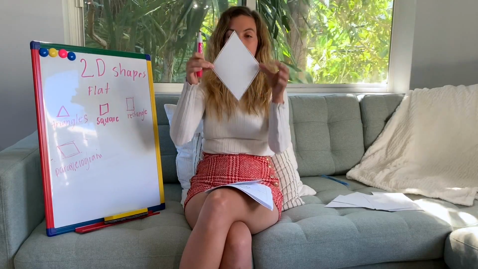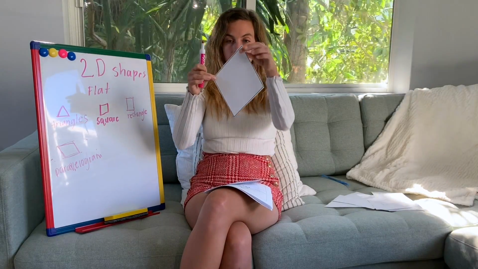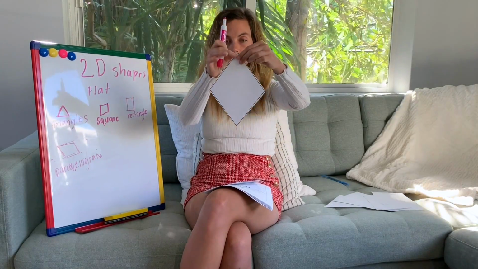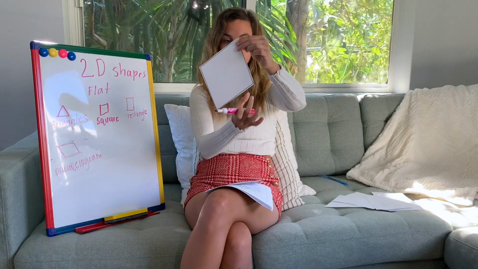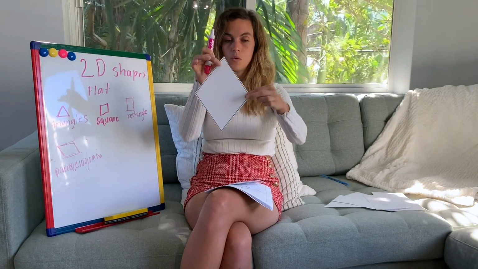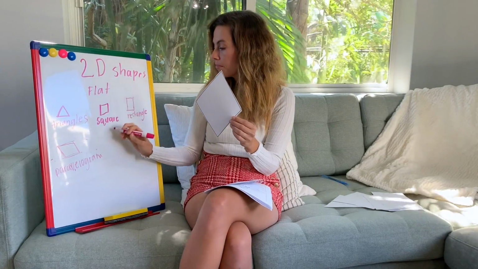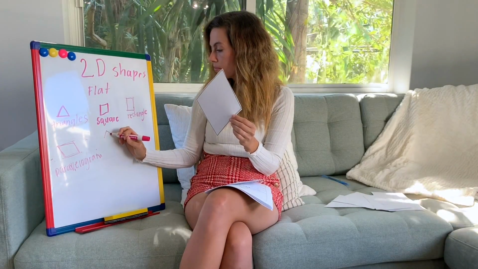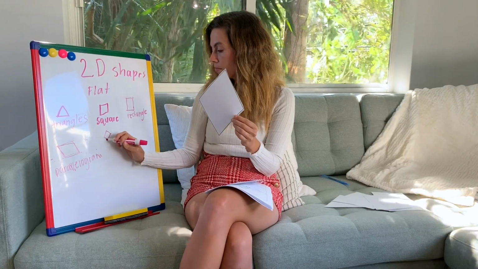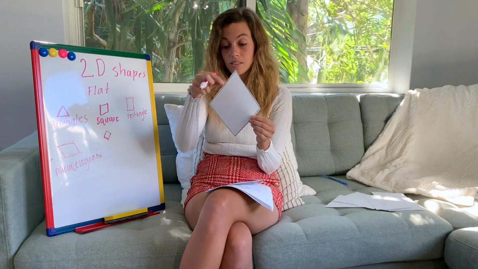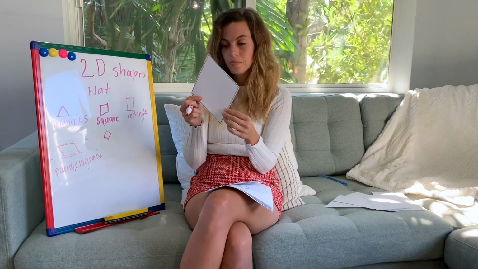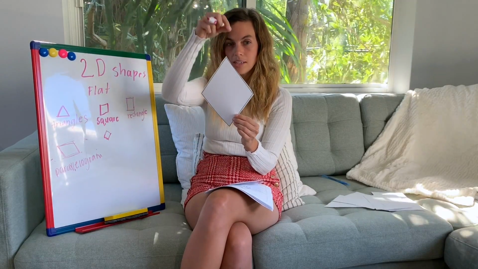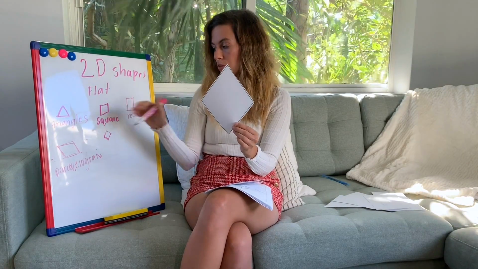Okay, our next shape is this shape. It has 1, 2, 3, 4 sides. And all of the sides are the same size. They're a little bit more stretched out compared to a square.